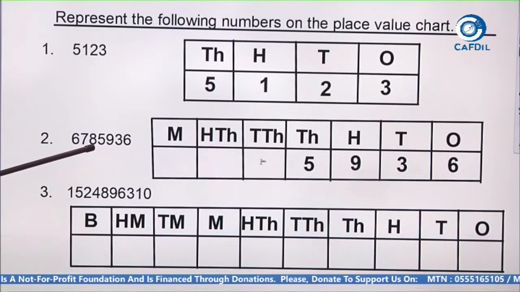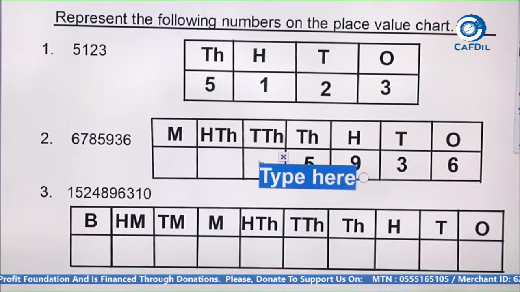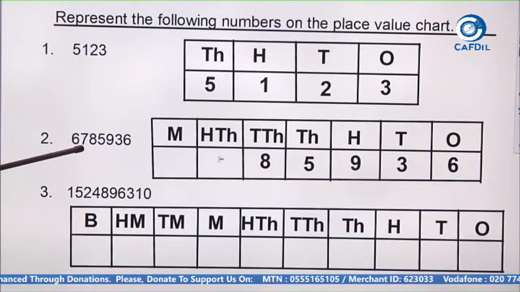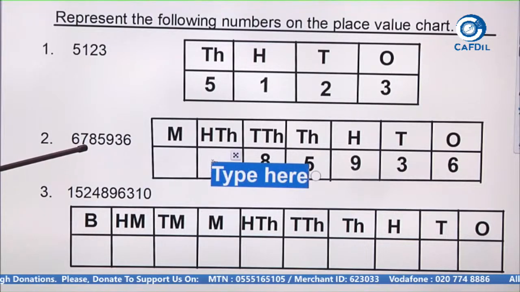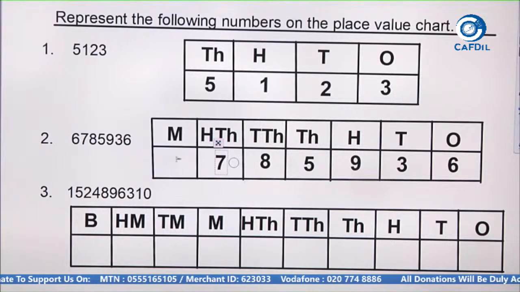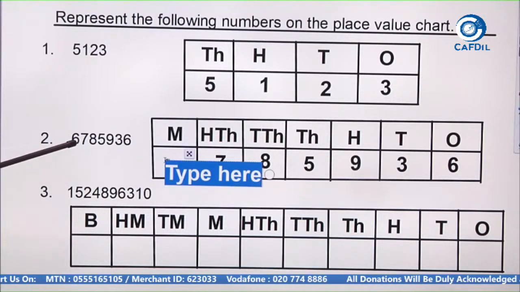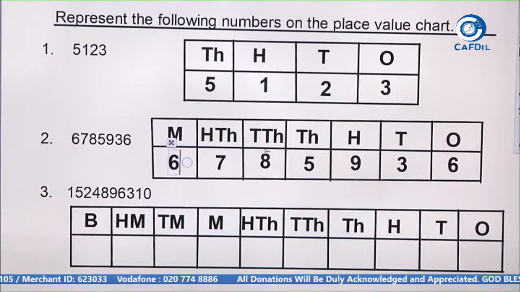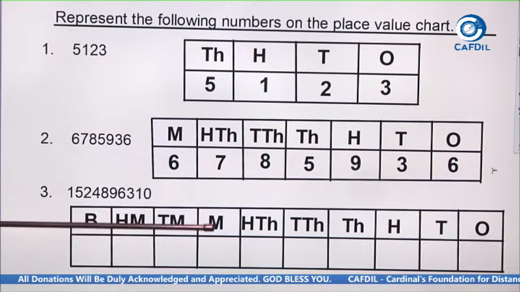The next is 8. We have 7. And then 6. This is how we represent numbers on the place value charts.